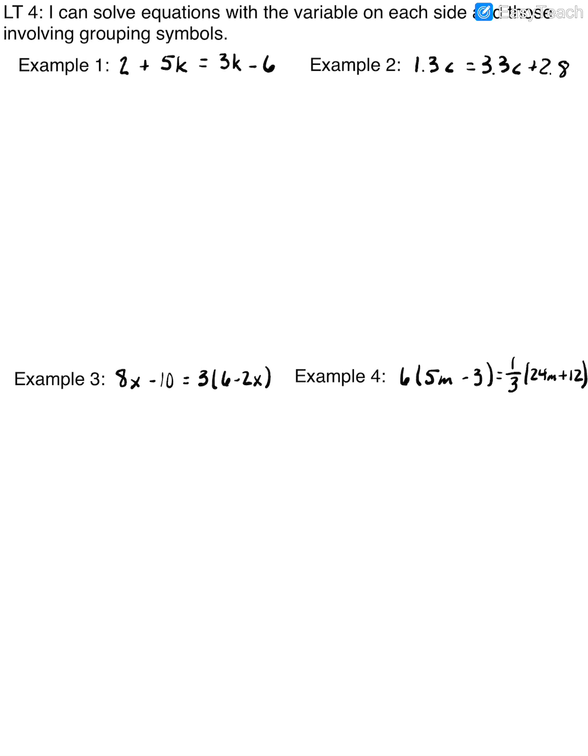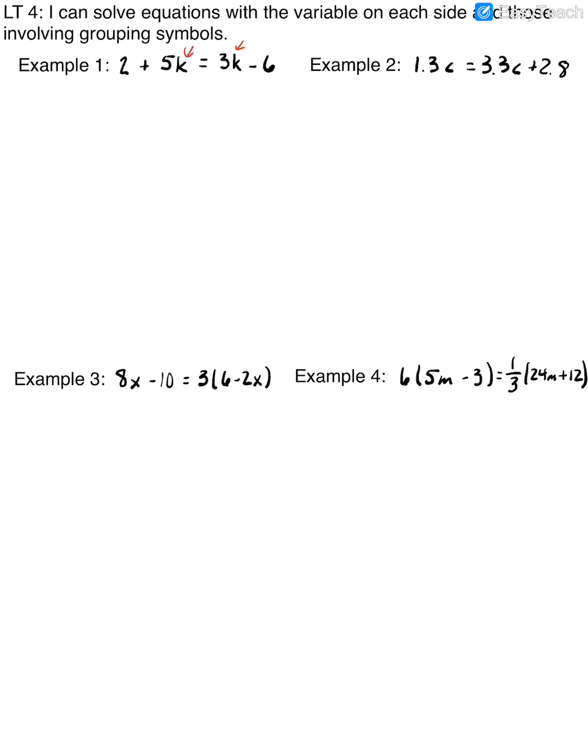So example 1 says 2 plus 5k equals 3k minus 6. When there are variables on each side, I like to think about the like terms that are possible here. It doesn't matter what you do first. You can put your variables together, because notice that we have a 5k here and a 3k.